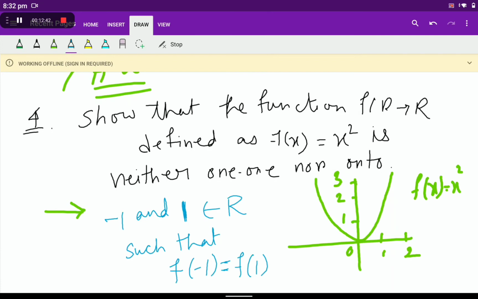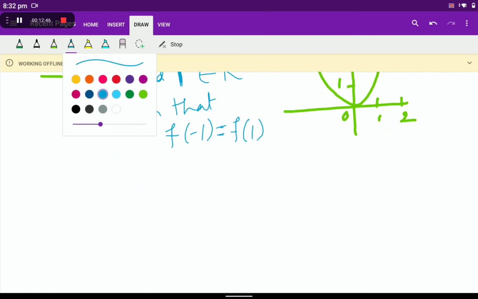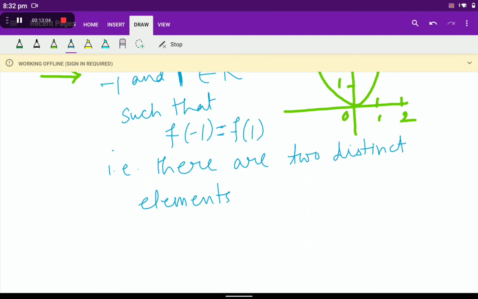Okay, now there are two distinct elements, that is minus 1 and plus 1 in R, which have the same image.